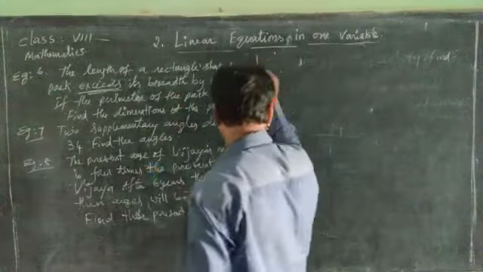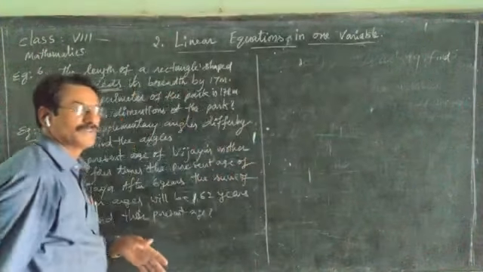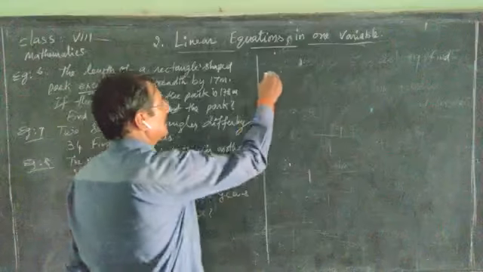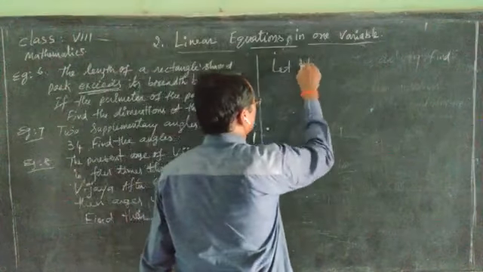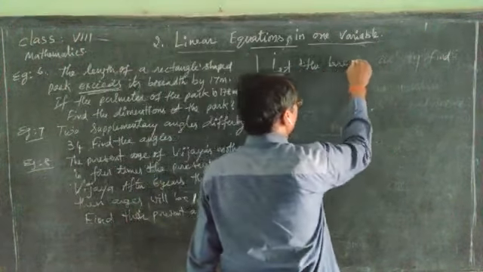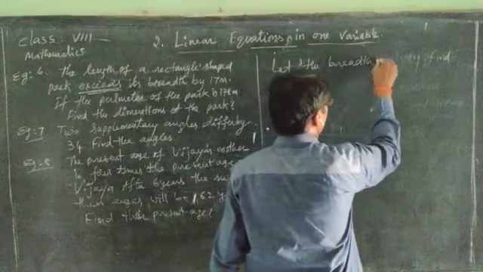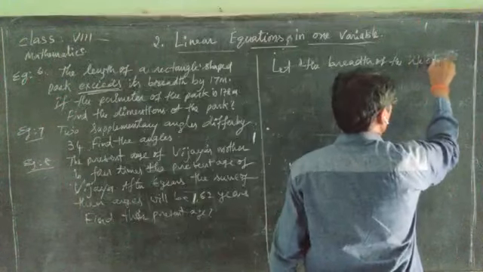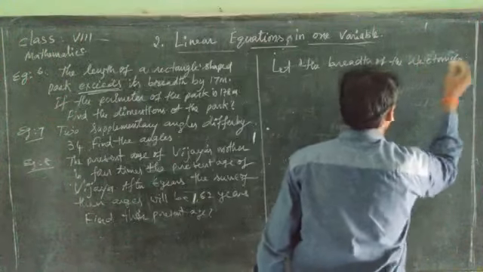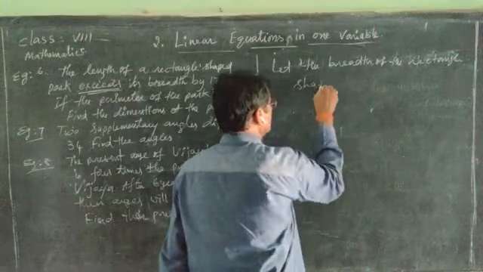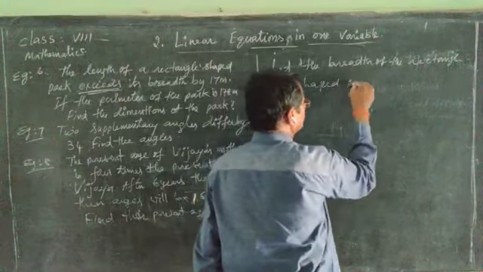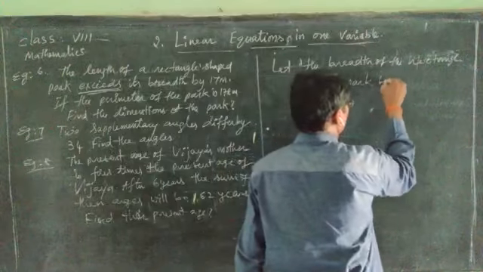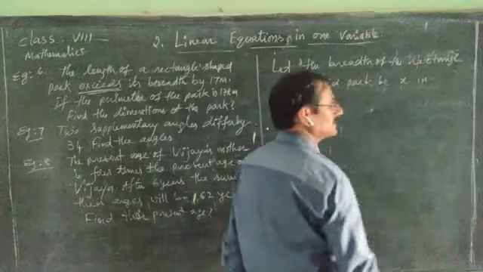So to solve this problem, first let the breadth of the rectangle shaped park be x meters.